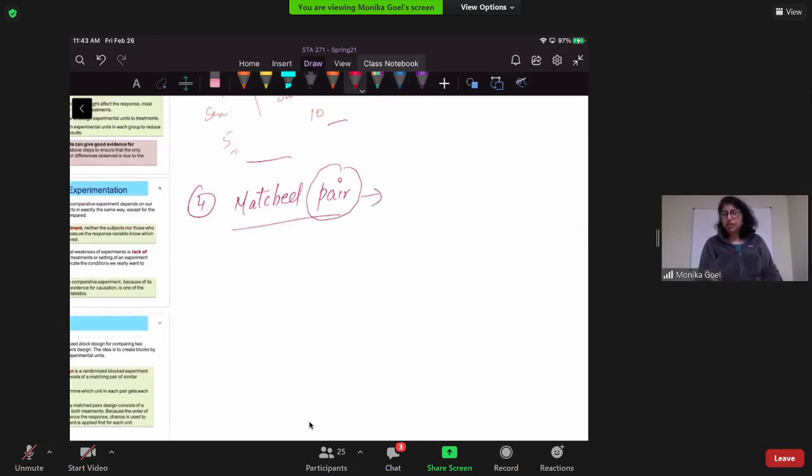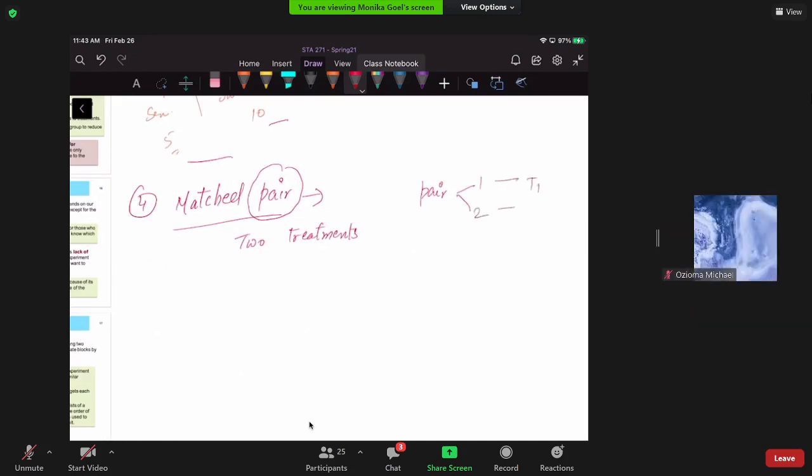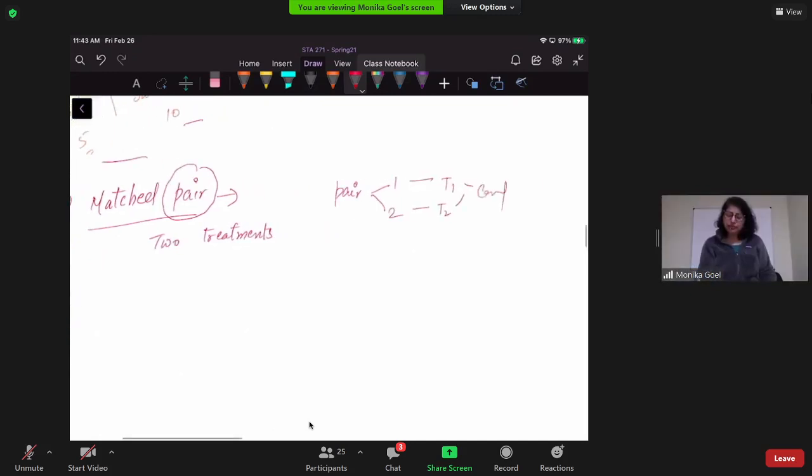So when we are talking about matched pair, we are talking about only two treatments. When we are working with a pair, and that pair has two subjects, each subject will get one treatment, and then we compare within each pair.